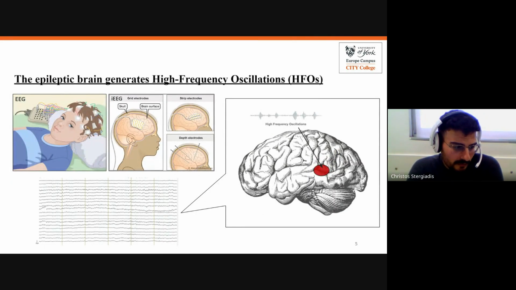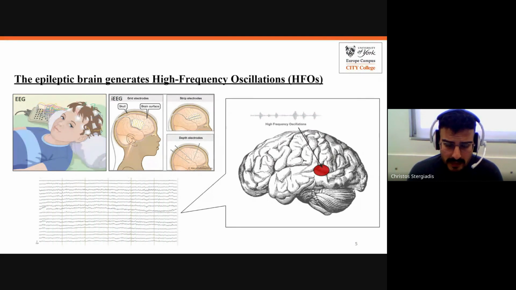Now, thankfully, and getting into the main point of the presentation, for the past 10 to 15 years, we have high-frequency oscillations. You see here, for example, a patient, a child, in this schematic representation at the top left, undergoing a regular EEG session.